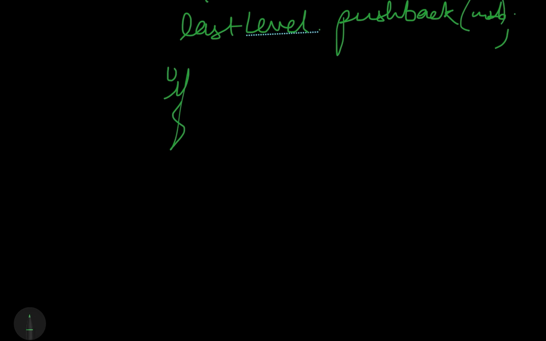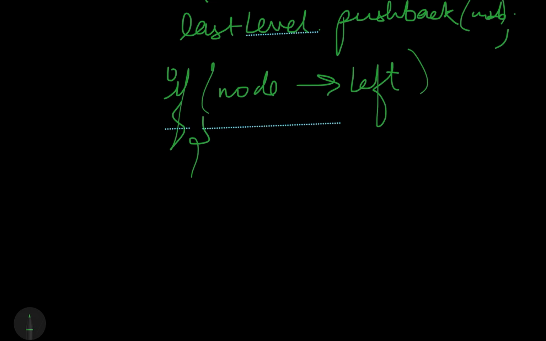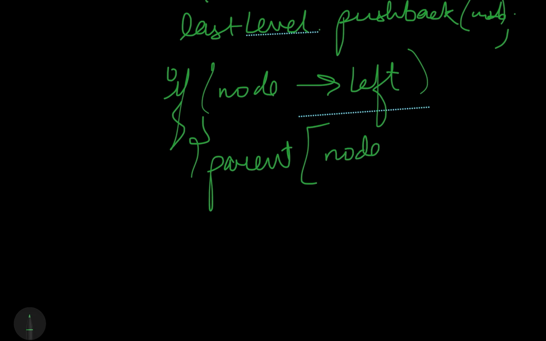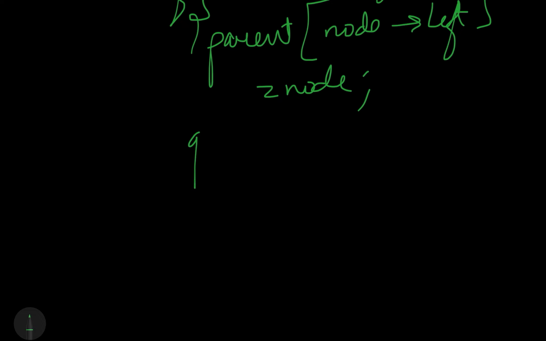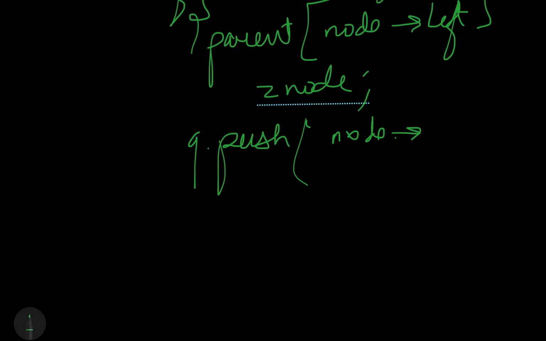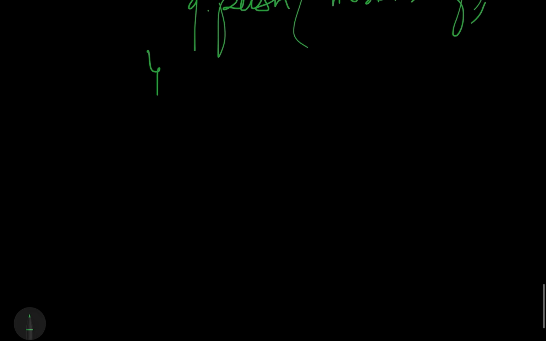Then we'll update our parent map: parent of node left is equal to node, which is our current node, and we'll push this node in our queue. Similarly we'll do it with the right node also.